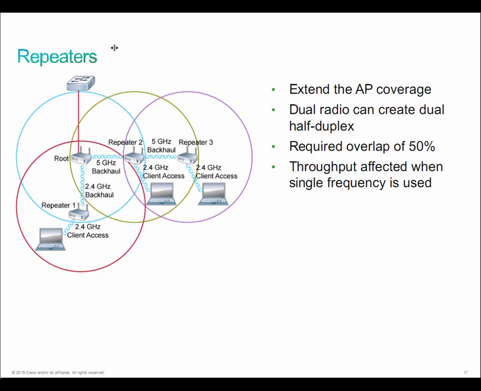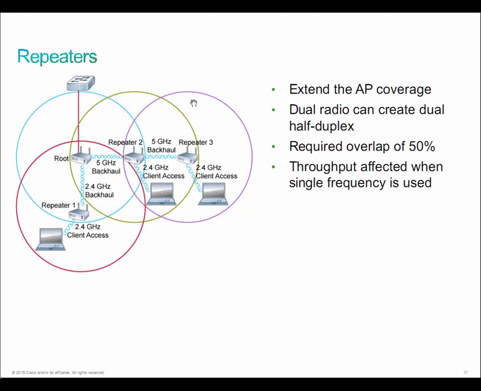Keep in mind that when you're operating in repeater mode, you are operating with half duplex communication. So the communication between the devices in this environment could be slow or not as high performance as you would see in a standard client to client wireless network.